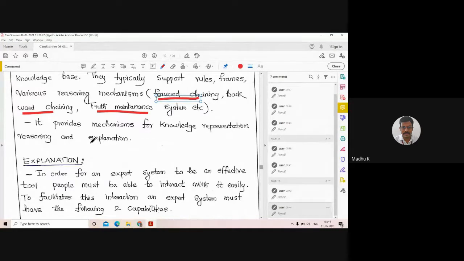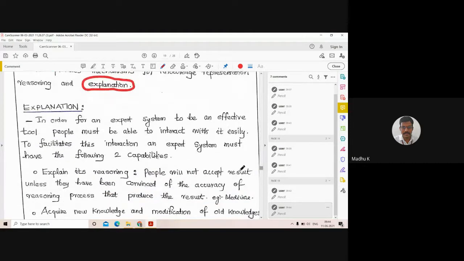Next we are discussing what is explanation. What is meant by explanation? Which mechanism will we use? Explanation means, in order for an expert system to be an effective tool, people must be able to interact with it easily.